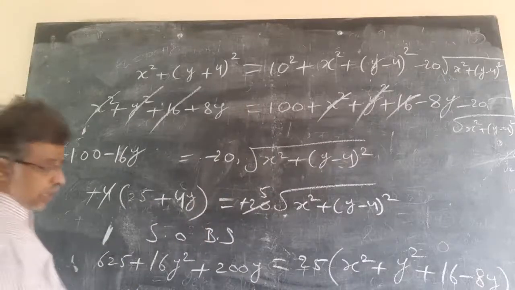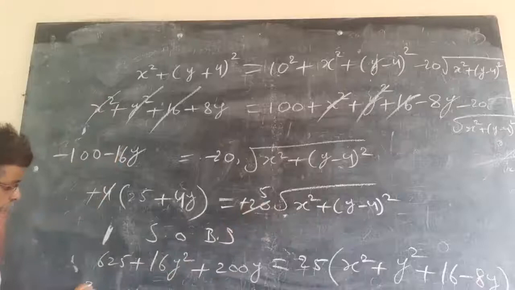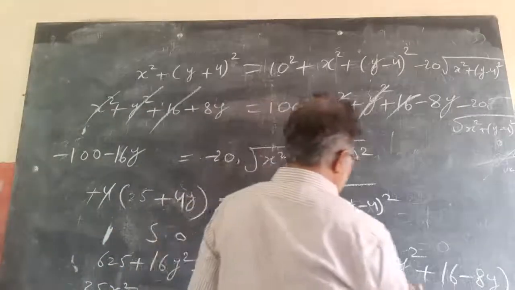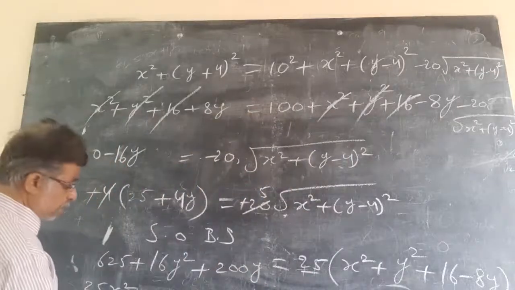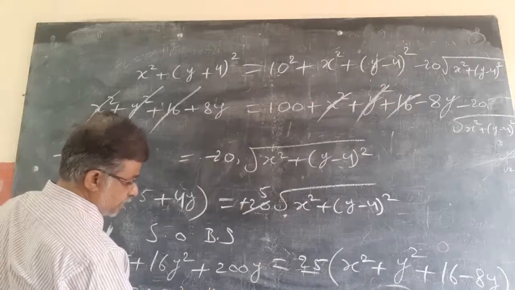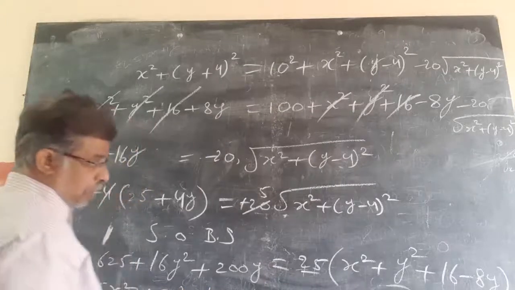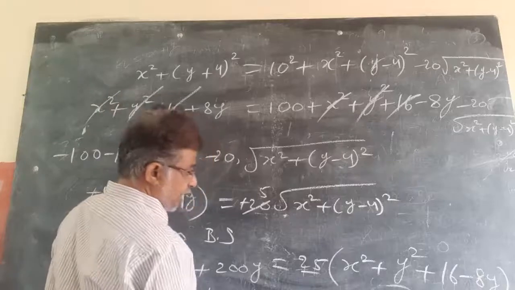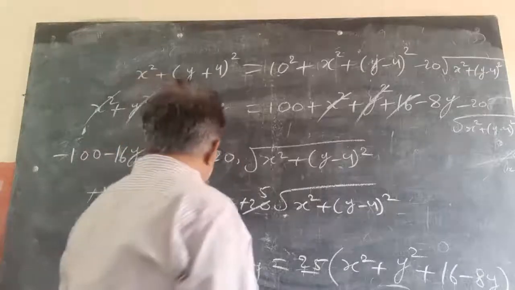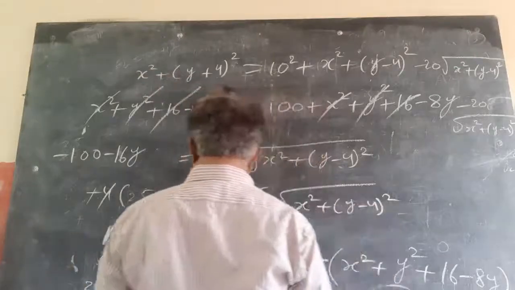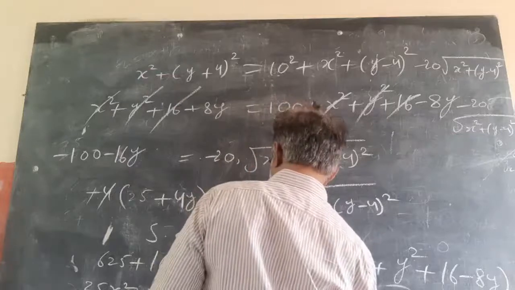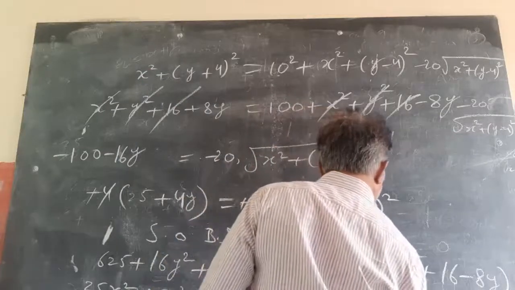Now bringing it to one side, 25x square as it is. Now expand the bracket first: plus 25y square plus 16 into 25 is 400 minus 8 into 25 is 200y. Now bringing the remaining part to this side, minus 16y square minus 200y.